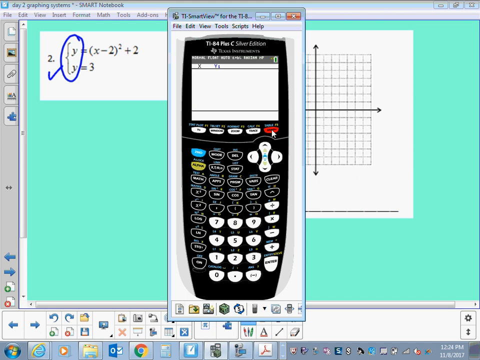If I go to my table to get some points, just from looking at this equation, Daniel, what is my vertex? 2, 2. So let's just pick a few points above and a few points below.